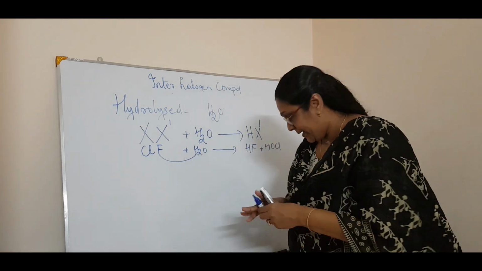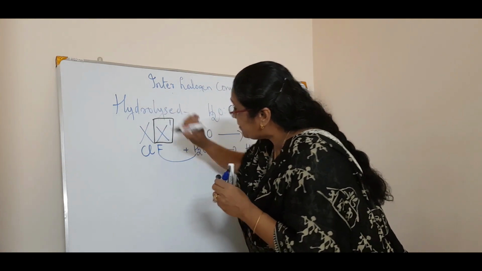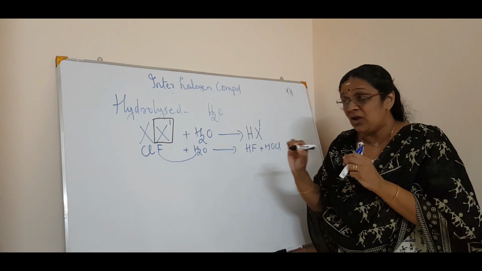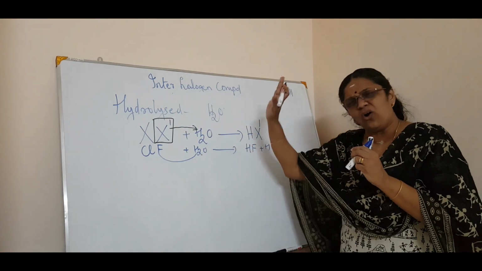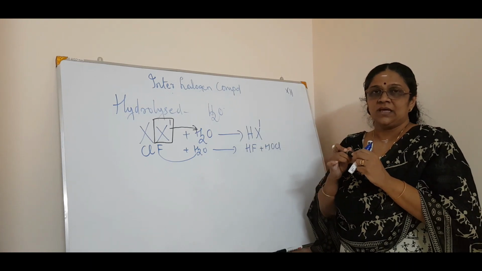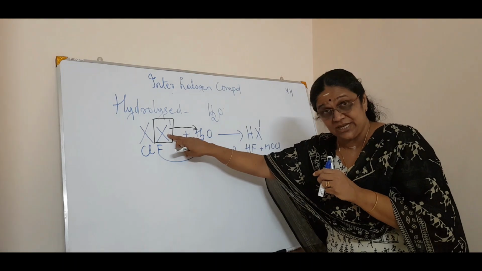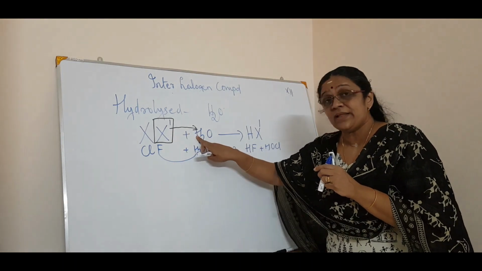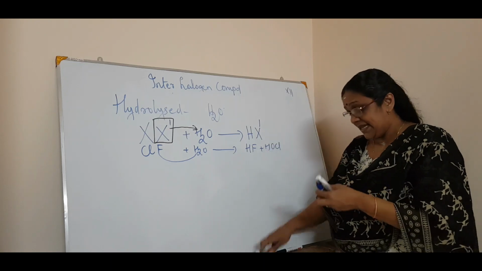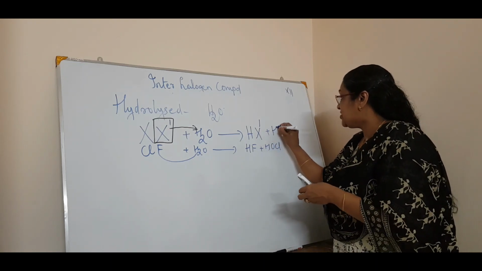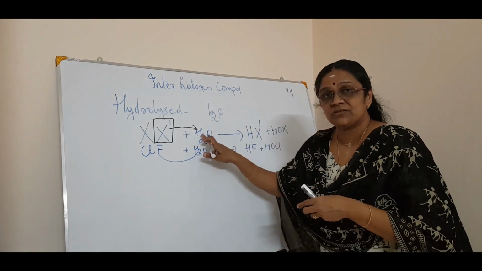So please remember, this X dash, being the smaller halogen, will always get along with H to form HX dash in all four cases of interhalogen compounds. The larger halogen X will be connected to the OH, forming HOX.